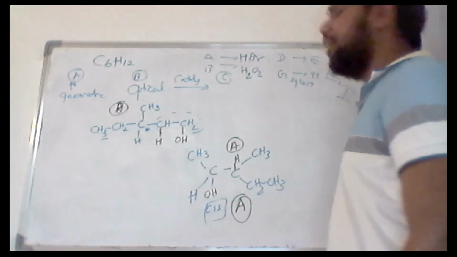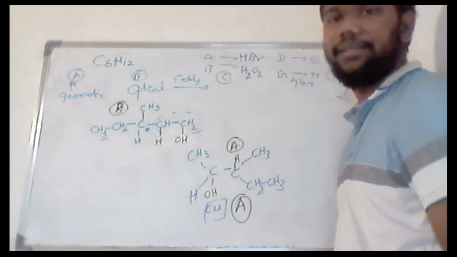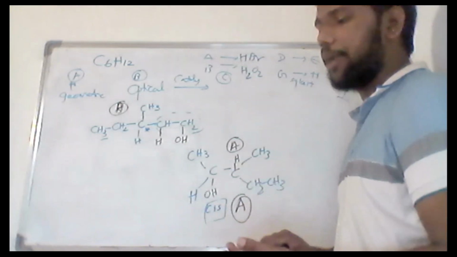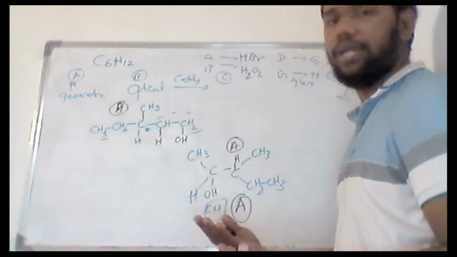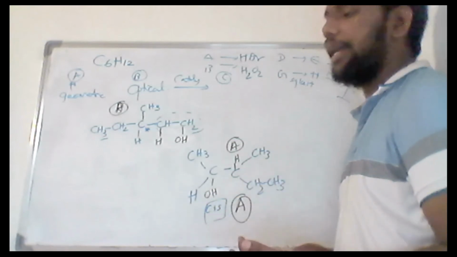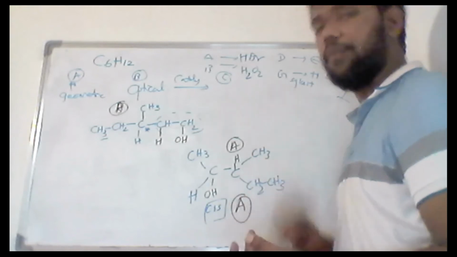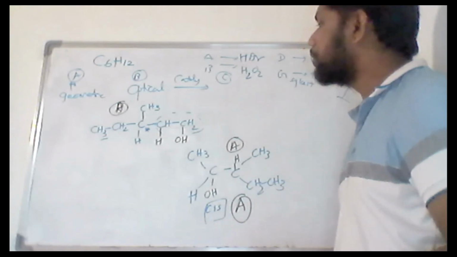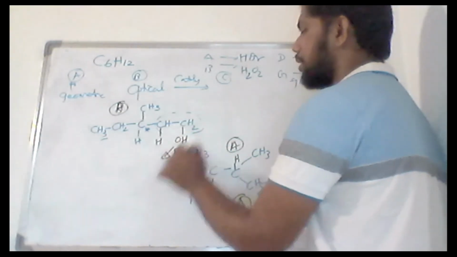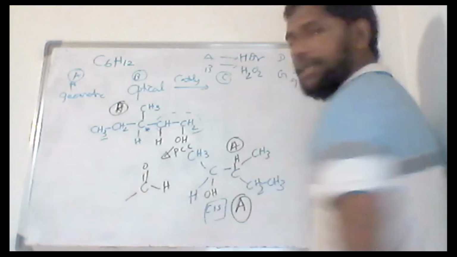And then you add PCC. PCC, pyridinium chlorochromate, is an oxidizing agent, but it is not as effective as KMnO4. So if you have a primary alcohol, it will be oxidized to an aldehyde, and a secondary alcohol to a ketone. And if you have a primary alcohol with KMnO4, it will go up to carboxylic acid, as you can remember. So here you can see there is a primary alcohol. When you add PCC, this will be converted to an aldehyde.